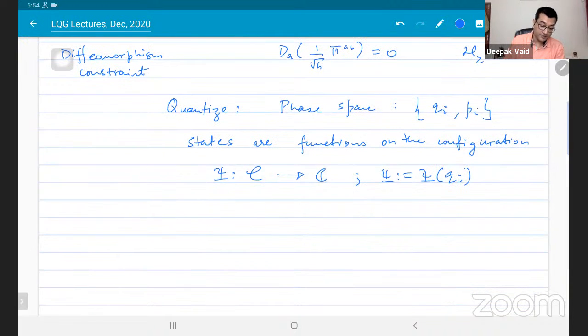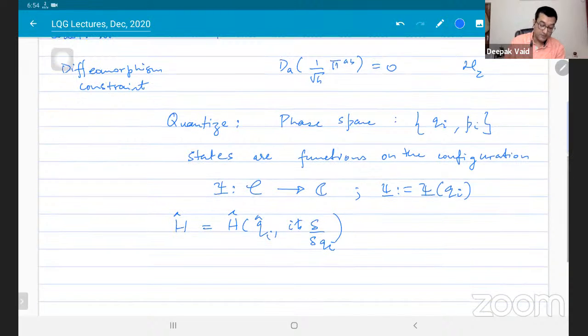And then in order to write down the quantum version of the Hamiltonian operator, right? You can use the usual prescription, which tells you that, for instance, the momentum operator will be given in terms of the derivative of the configuration variable, right?